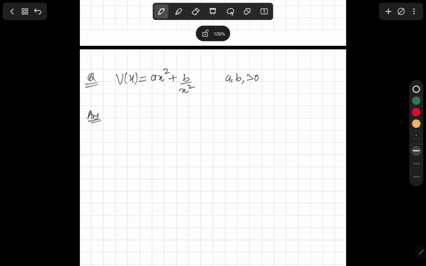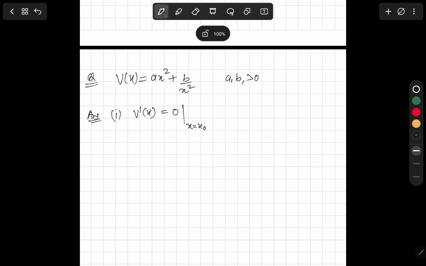So for a system to perform small oscillation, the first condition is that v dash of x should be 0 at any given point. Let's say some given point x equal to x naught, and that x naught will be then its equilibrium point, or we also call it the mean position.